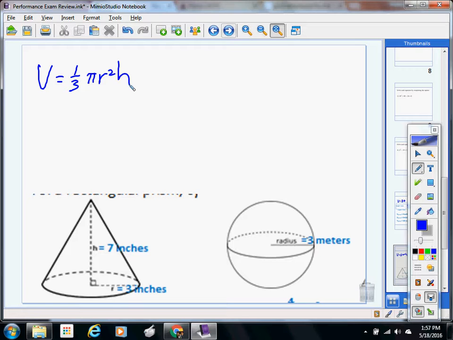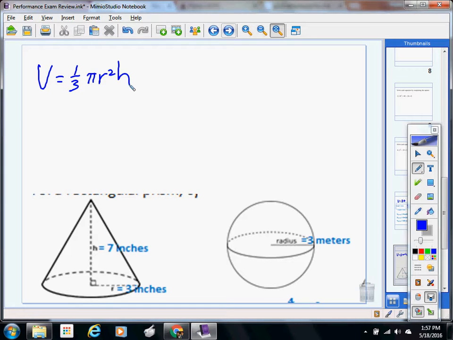Come on. 63 times it by pi, divided by 3. Well, let's hold on a second before you do that. Let's say 9 times 7 is 63. Take 63 and divide 63 by 3, and that gives me what? 21.